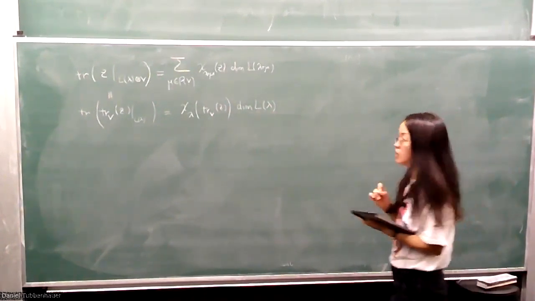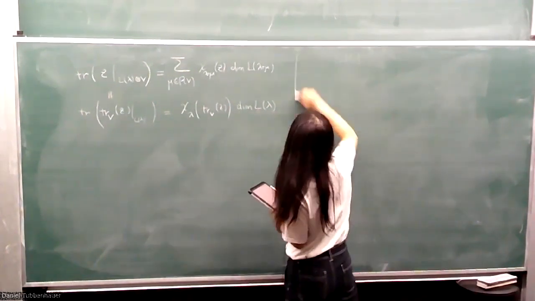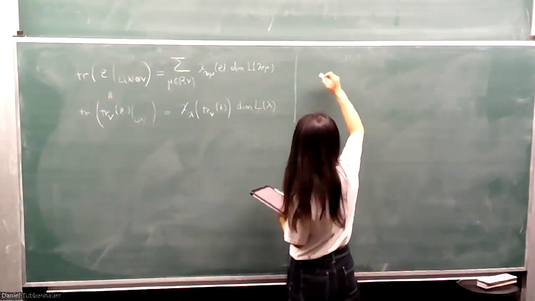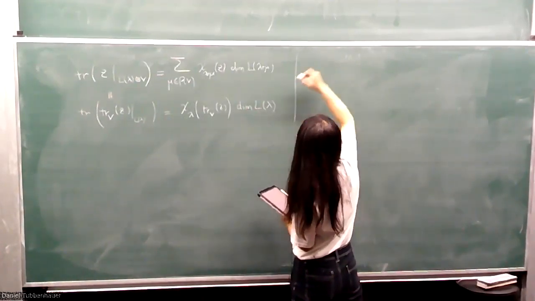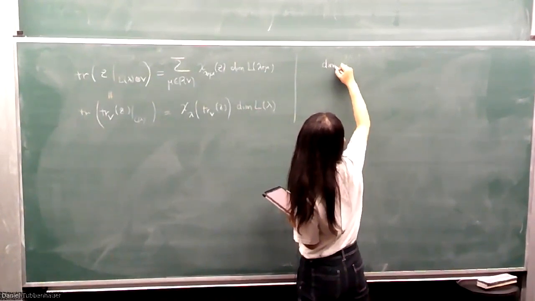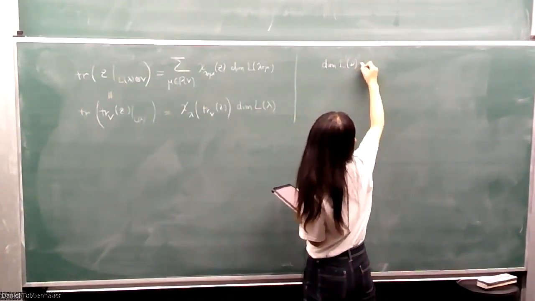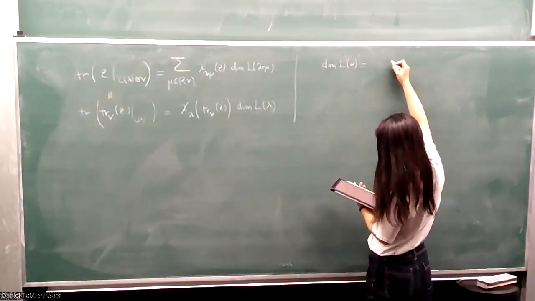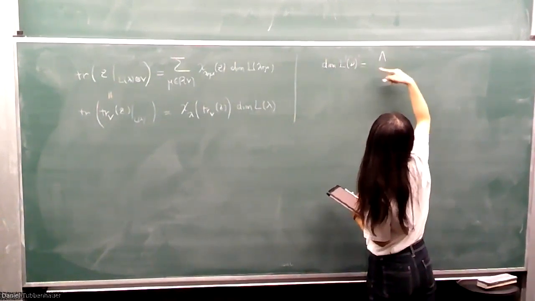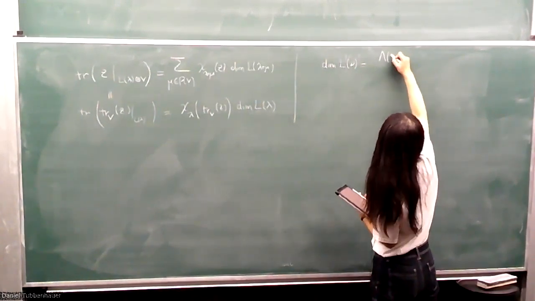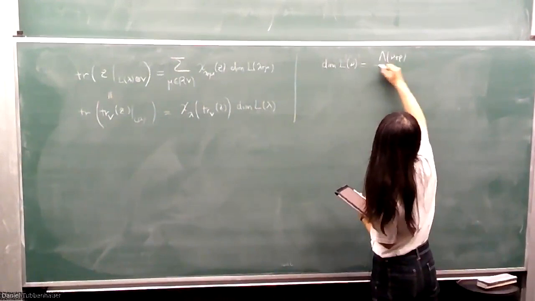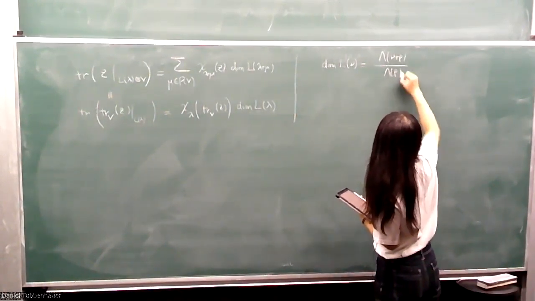Okay. And now you need just two more ingredients. You know that by the Weyl character formula, if you have dominant weights, the dimension of L nu is precisely this polynomial evaluated at mu plus rho divided by the same polynomial evaluated at rho.